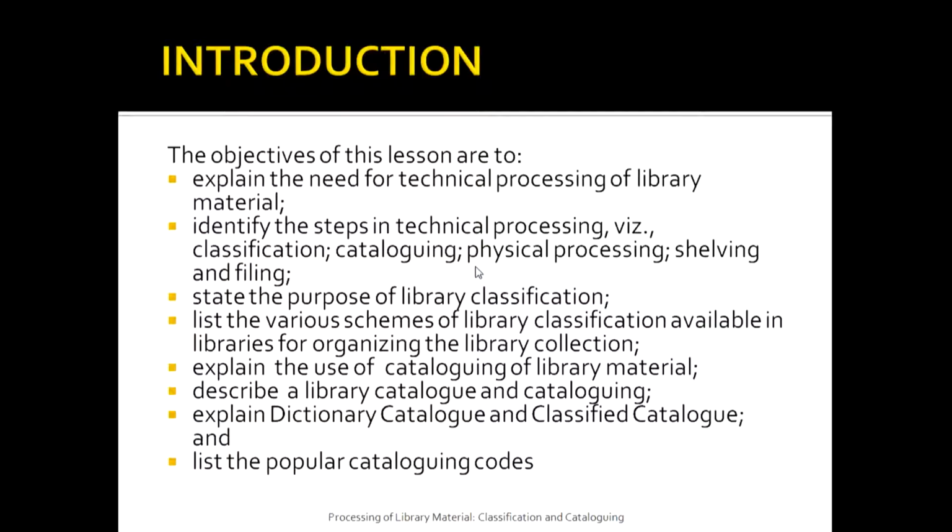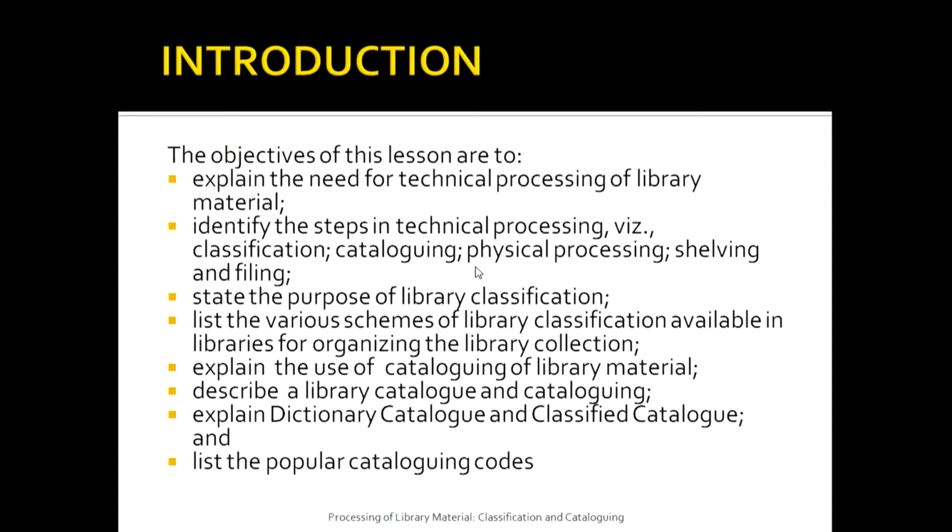The objectives of this particular lesson are: firstly, explain the need for technical processing of library material. Secondly, identify the steps in technical processing. For example, the steps are classification, cataloging, physical processing, shelving and filing of library material.